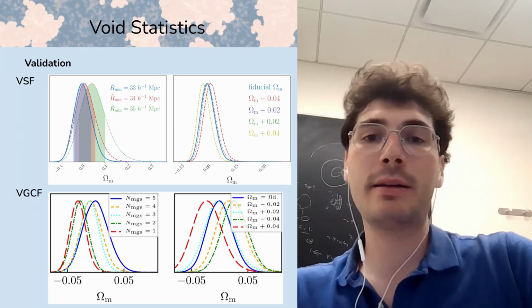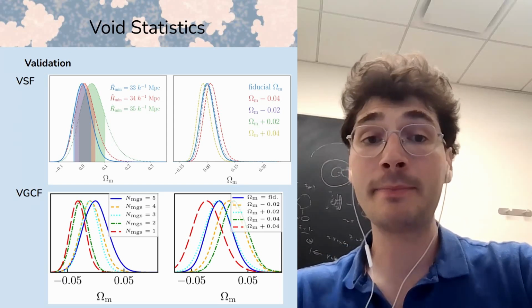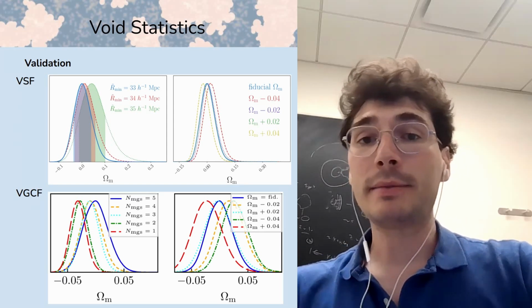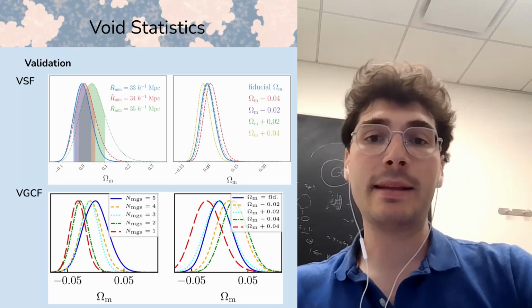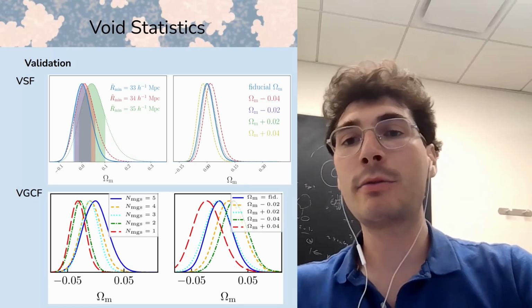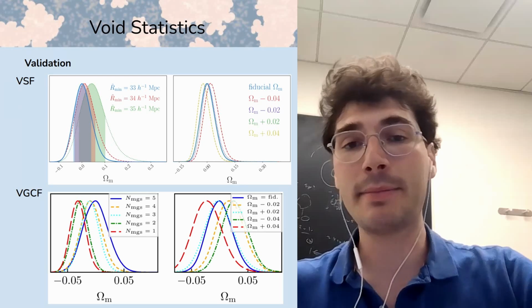So we check various minimum void radii, and we found that over a certain scale, the constraints on omega matter are always consistent within 68%.